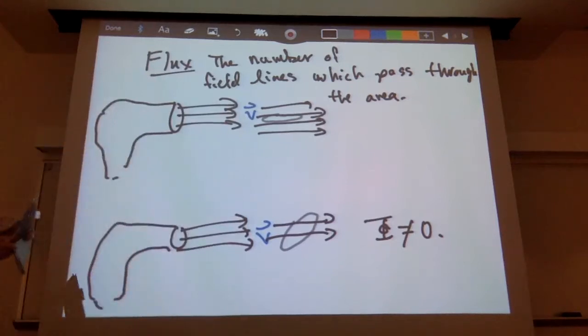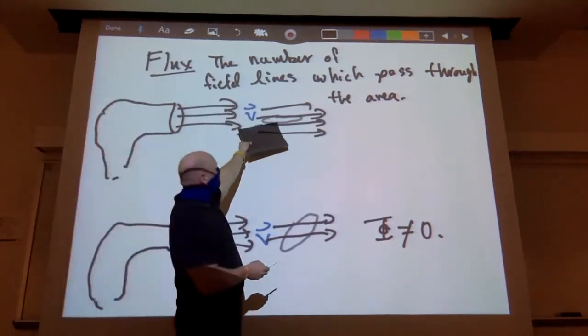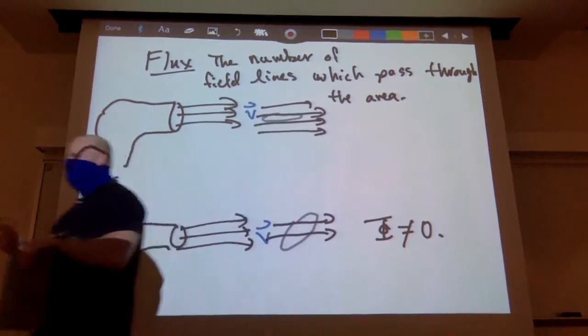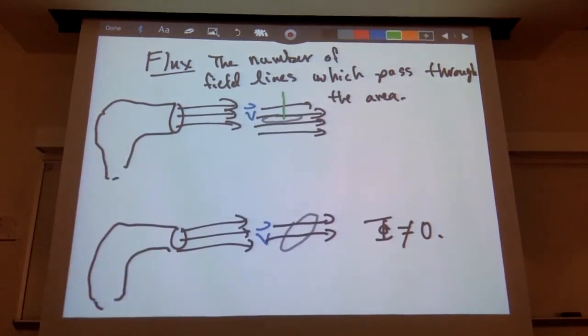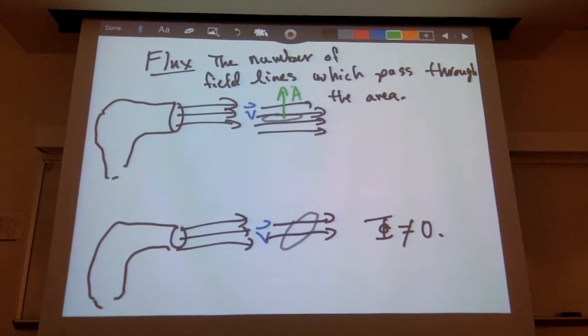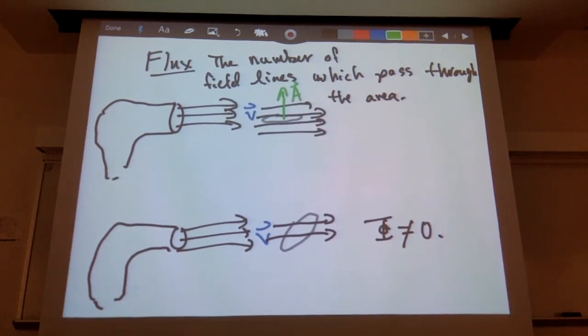So what this means is I can classify this area as a single vector, which is perpendicular to the surface of that area. Initially the area vector is pointing this way. But now as I rotate it, the area vector points this way, which means there's now an angle between these two vectors.